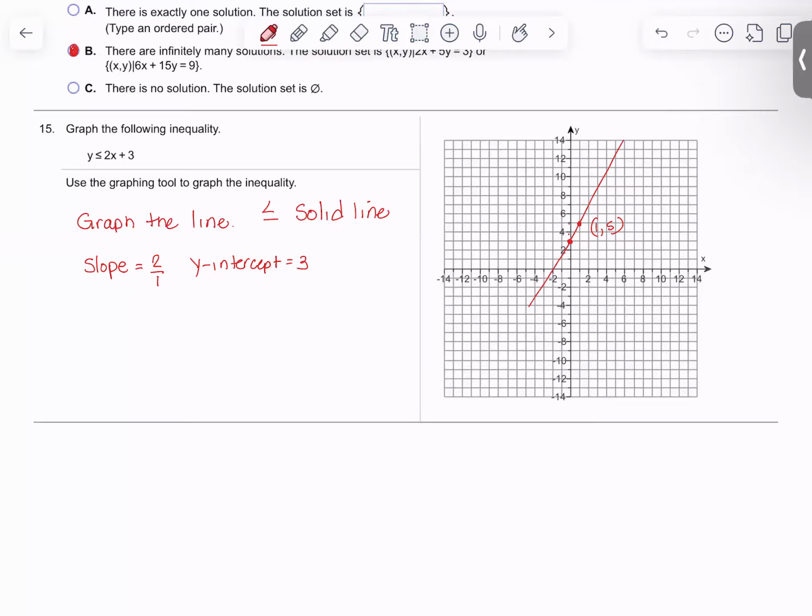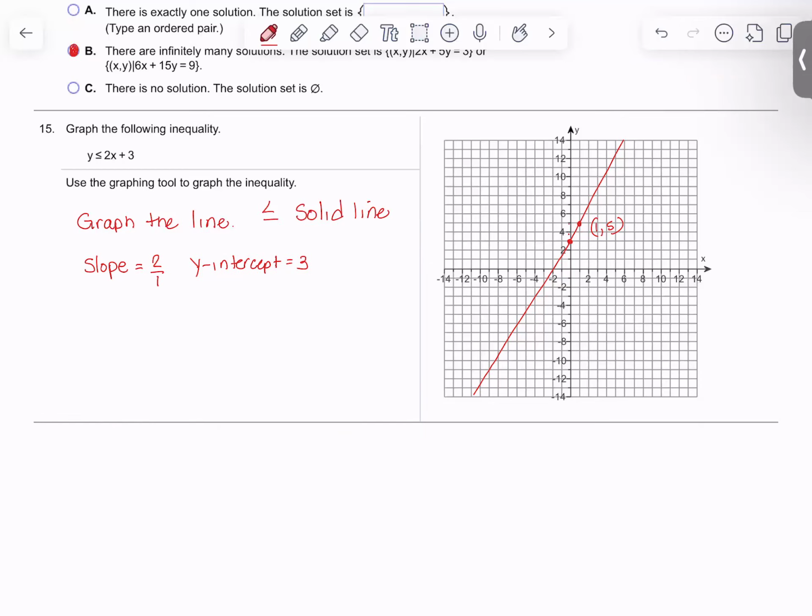And since this is a linear inequality, we're going to shade. So in my lab math, you're going to pick the bucket tool from the toolbar, and you're either going to click the button above the line or click the button below the line.